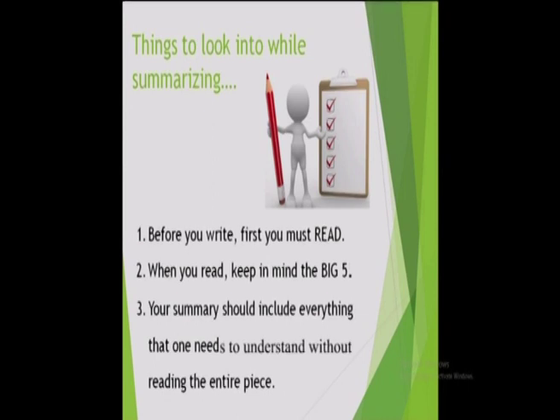So as I told you, when you want to suggest a book to your friend, you cannot read the whole story. At that time, your summary should have all those important details which will help your friend understand what the story is all about.